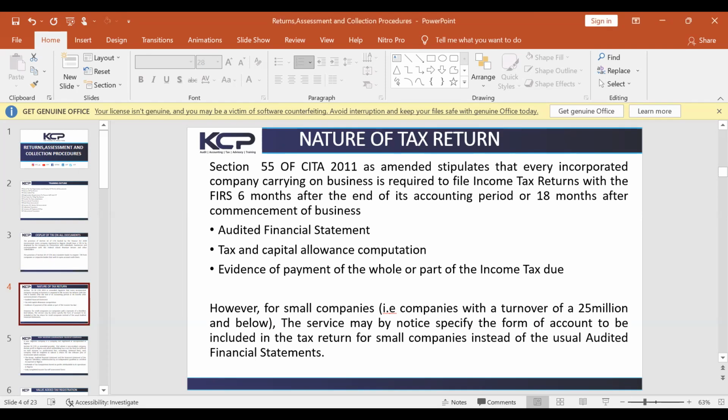How easy is that process? Looking at the campaign made by the federal government on ease of doing business, what is the cost of processing that document compared to the benefits to be derived from that document?